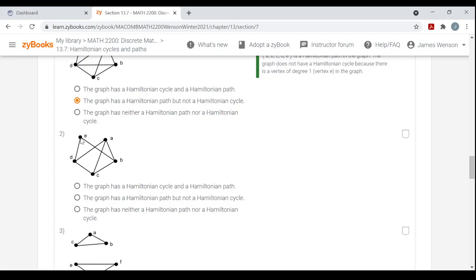Used every single vertex once on that path. But I can't get back to A from that path without repeating an edge. So let's see if I can find a cycle here. Maybe if I start, I can't really see a Hamiltonian cycle.